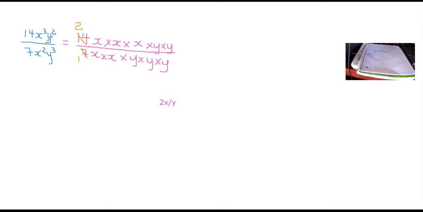For example, inside x cubed, which is x by x by x, there is an x by x, which is x squared. So within the x cubed term, there is a common factor of x squared.